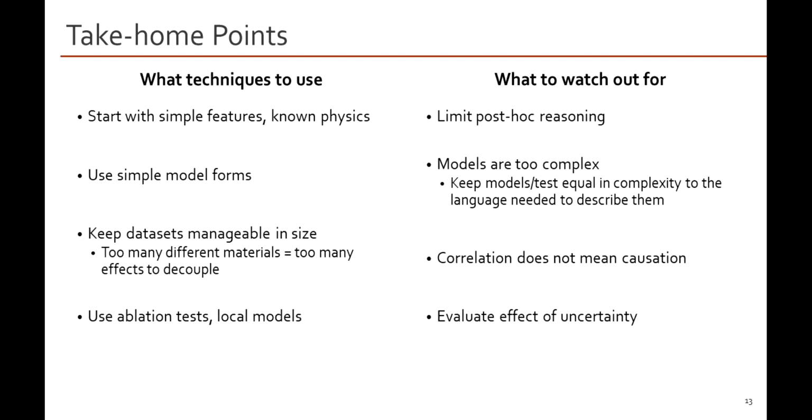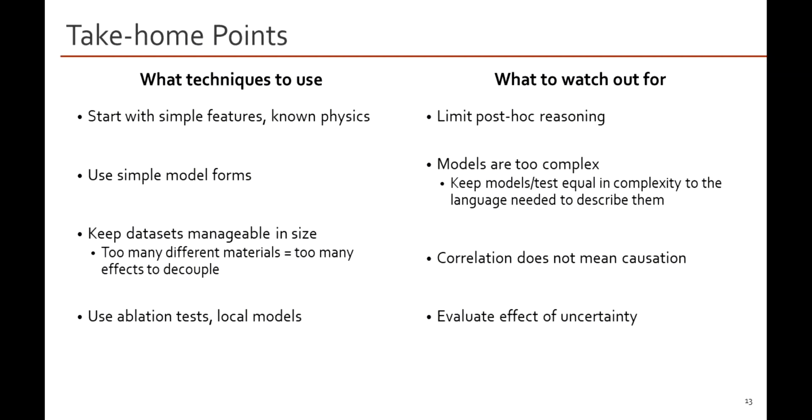Keep your data set small enough that a simple model can be sufficient to describe it, and then perhaps use some ablation test where, say, I eliminate features as we did in that LIME example, and use local models to describe what those differences are.